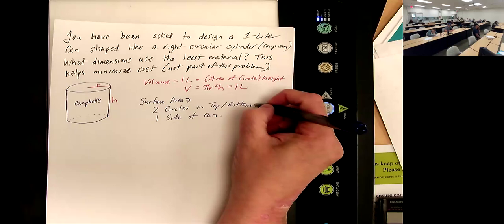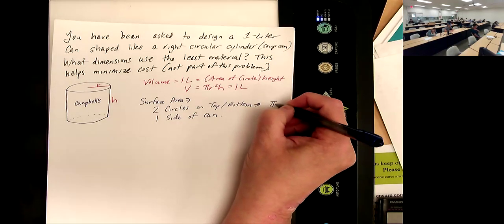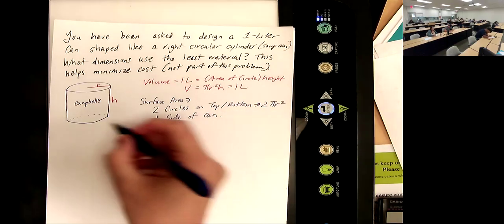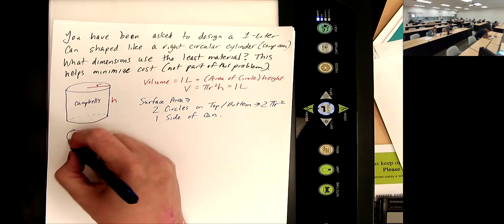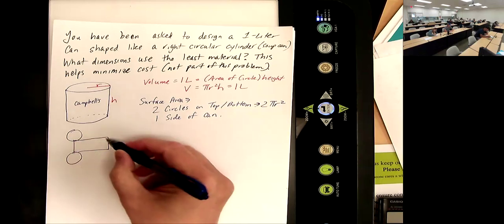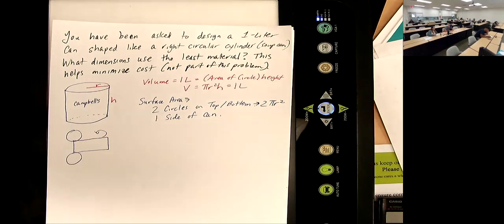So the area of the circle is pi r squared, but there's 2 of them, so that's 2 pi r squared. The side of the can, if we undid this, you could make it look like a rectangle, where this gets curled up and put together, and then the top and bottom gets sealed on.